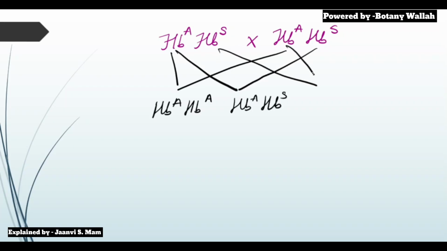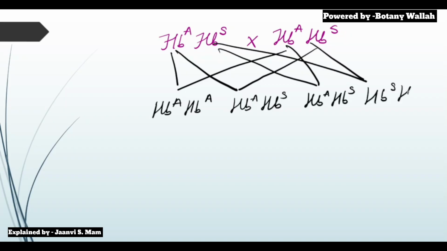Then the next possibility as HBA HBS. Then the next possibility as HBS HBS. Okay, so here, this will be a normal, or we can say a healthy organism.